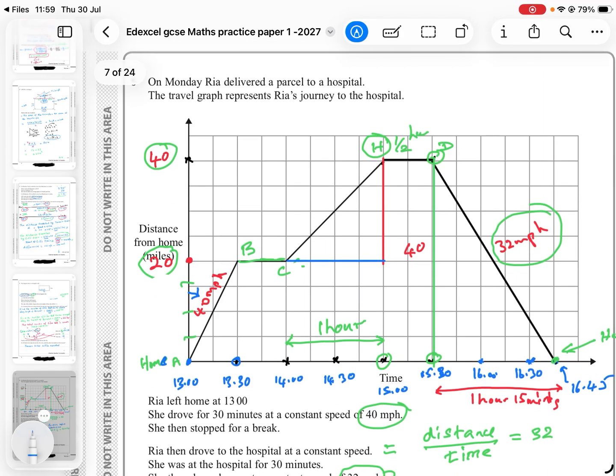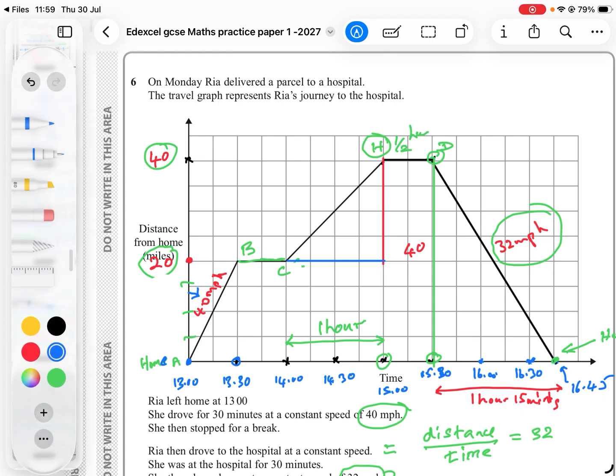Ria left home at 1 p.m. So this one, 1 p.m. from home. At home, 1 p.m. She drove for 30 minutes at a constant speed of 40 miles per hour.